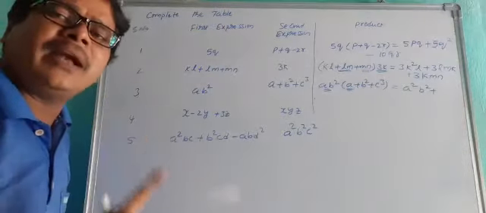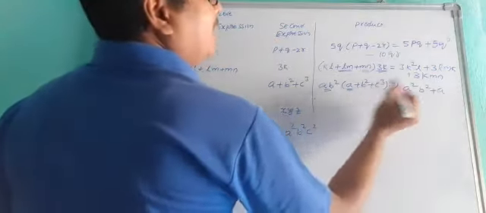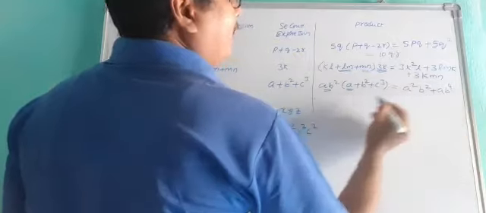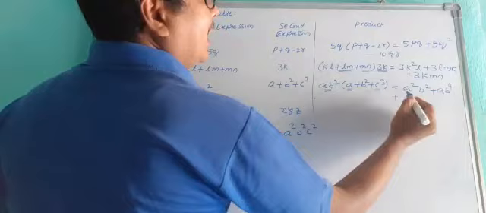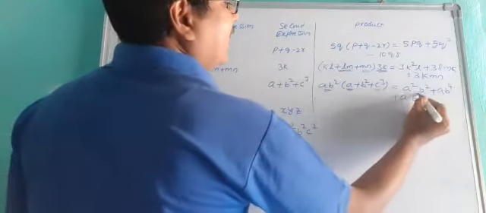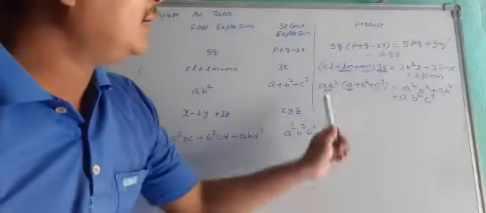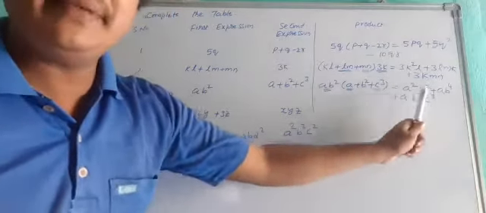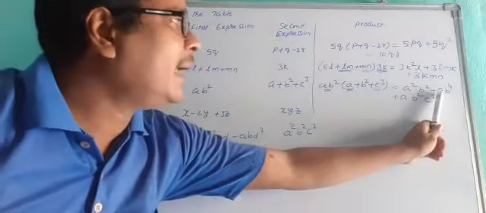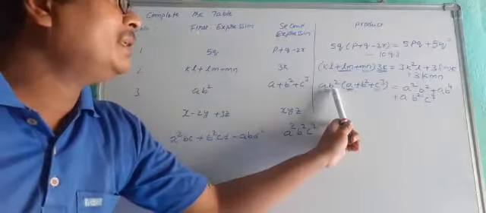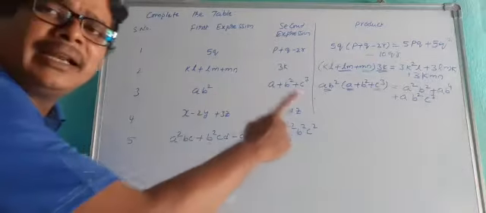Bracket always indicates multiplication. And a one time, b square into b square, b power 4. Last one, ab square into c cube, ab square c cube. So the resulting one is a square b square plus a b power 4 plus a b square c cube. That is the resulting product.